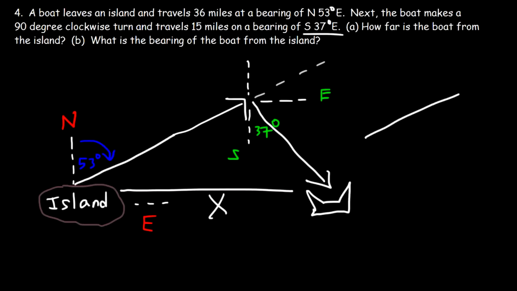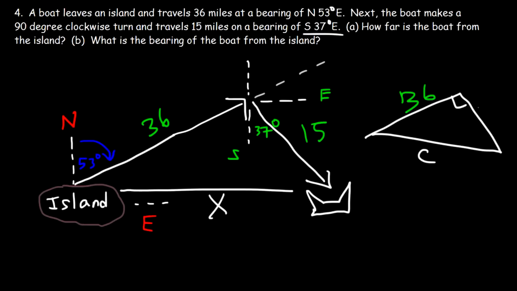Now what we have is a right triangle. And x is basically the hypotenuse of the right triangle. Now over here, we know this is 36 miles and this is 15. So we got two sides of the right triangle, so we can use the Pythagorean theorem. A squared plus b squared is equal to c squared.